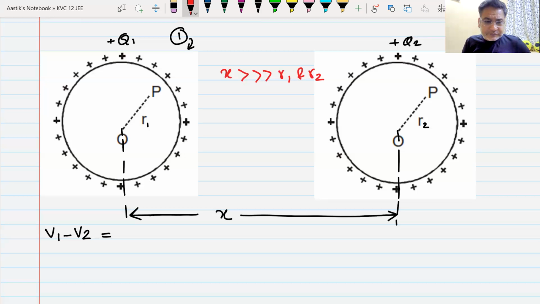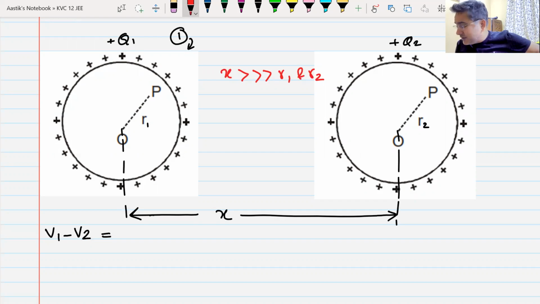Now remember, because of these spheres, the charge on the two spheres is going to get a bit distorted. It will not remain uniform, no matter how far you keep them.